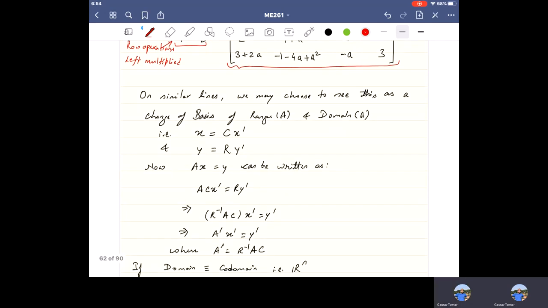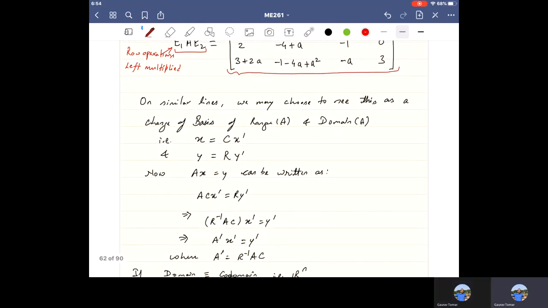So you can see this as Ax equal to y, the system that we started with. Now I'm writing Cx prime as Ry prime. Then I can take the inverse, because R has to be invertible. This mapping is an invertible mapping, one to one.